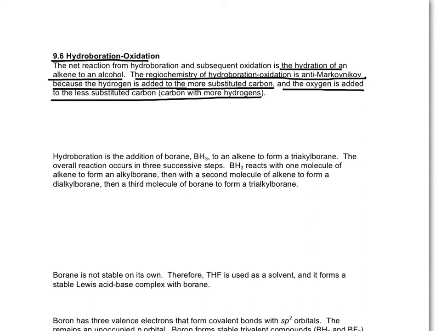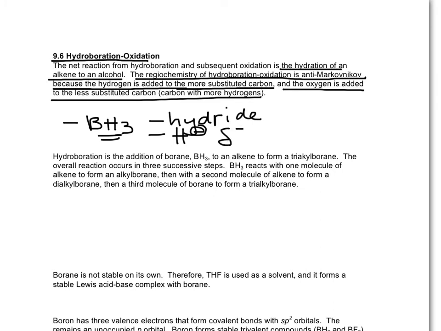The reason that this works this way is because here we are using what's called BH3. This is a hydride. In hydrides, the hydrogen actually is negatively charged or has a partial minus. So it reacts a little bit differently. It's not the electrophile here.